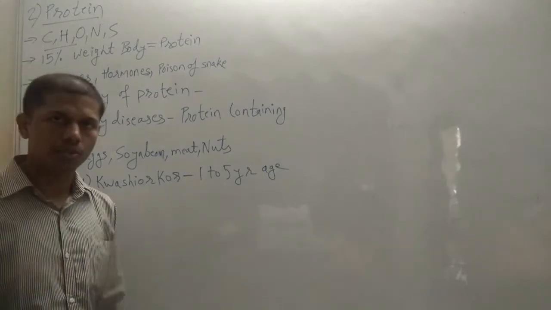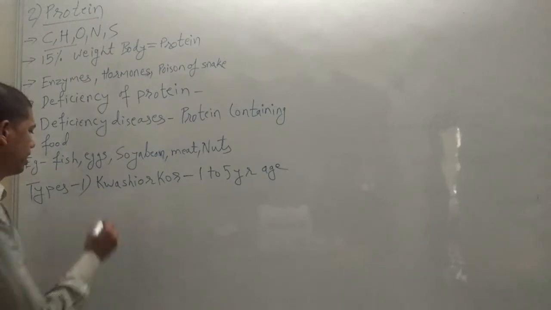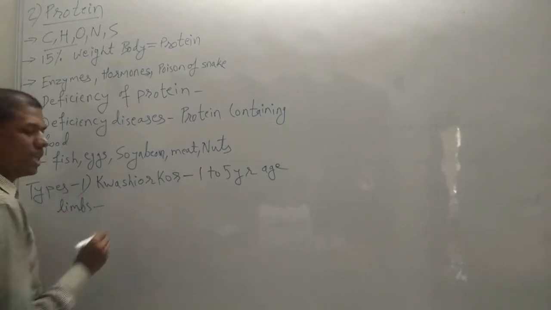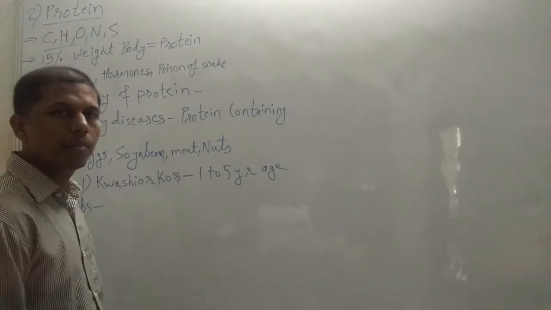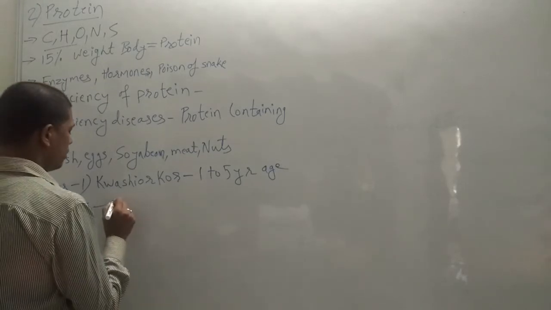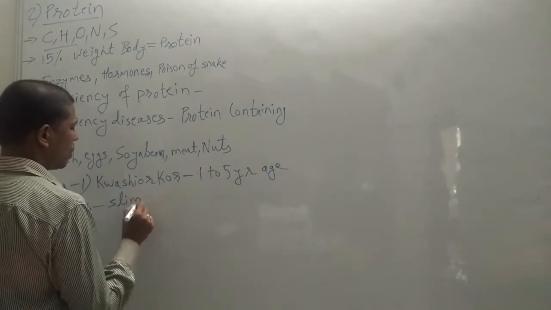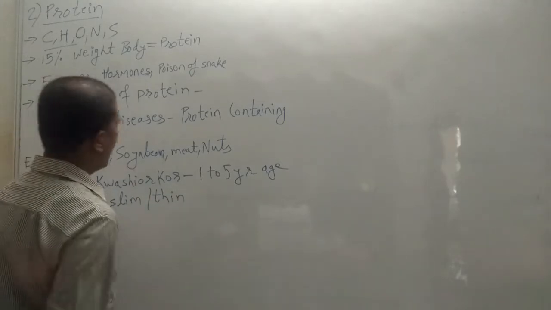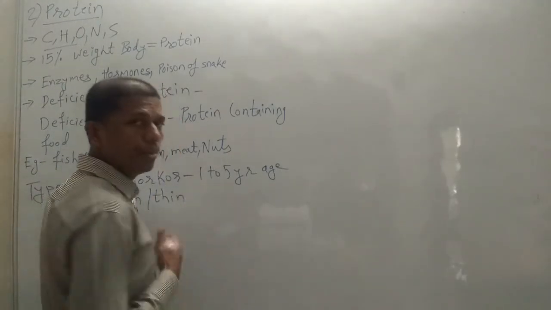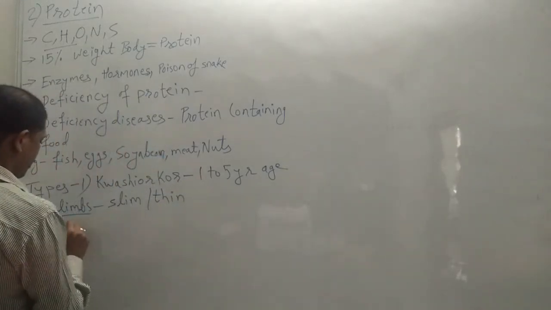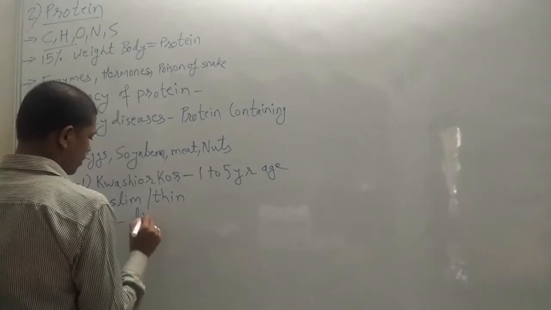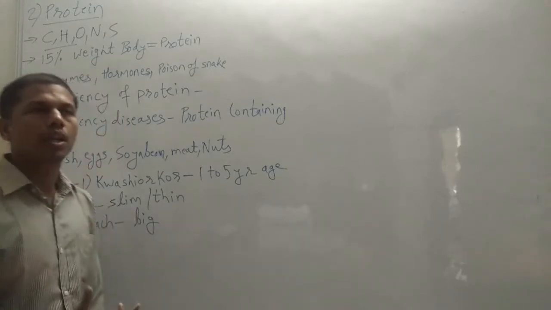The symptoms of Kwashiorkor disease are that the limbs, meaning the forelimbs and hind limbs, the hands and legs, become slim or very thin, and the stomach becomes big or swollen.